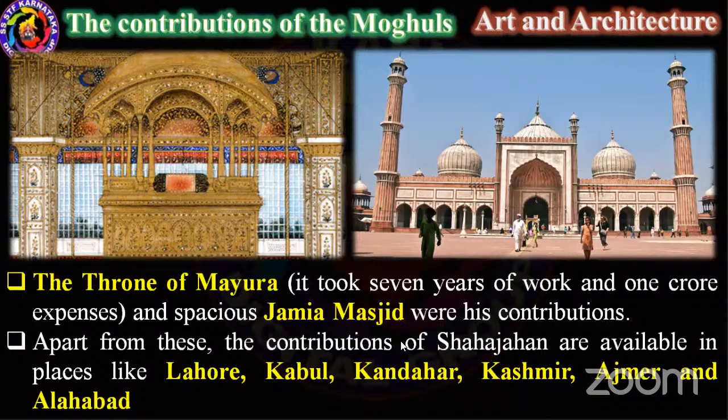Apart from these, the contributions of Shah Jahan are available in places like Lahore, Kabul, Kandahar, Kashmir, Ajmer, and Allahabad, where we can see the buildings and monuments built by Shah Jahan.